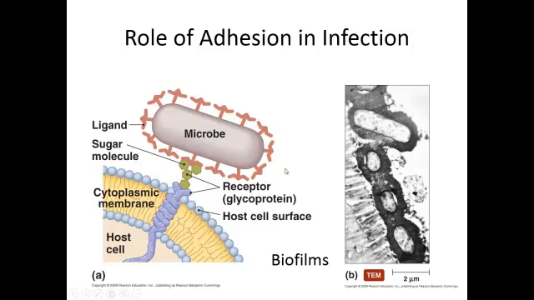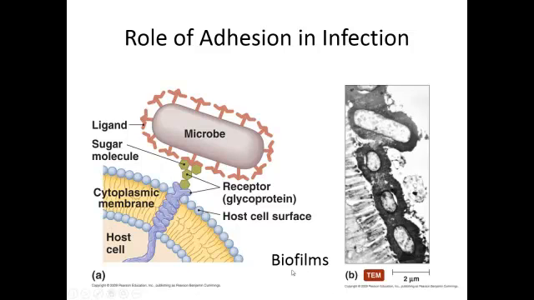They can't actually grab a hold, so they have to use molecules that will grab a hold of receptors on the host cell. In bacteria, we call this a ligand. The receptor on the human host is usually a glycoprotein. So think of it the same way as how viruses do it, when they're adhering to the cell.